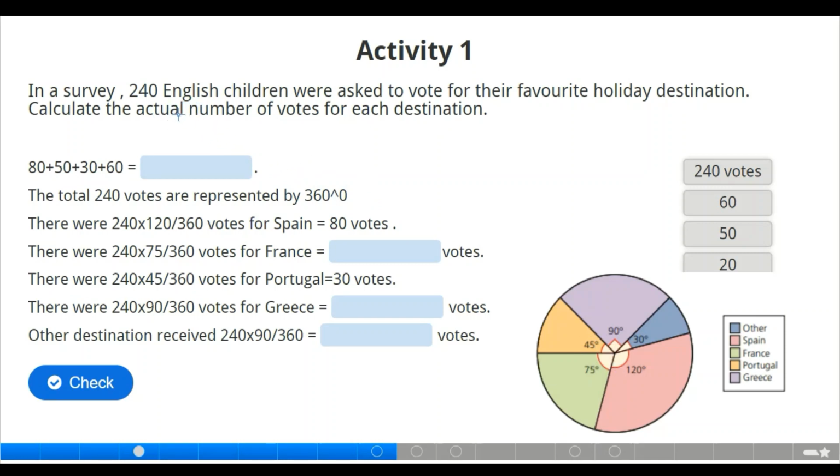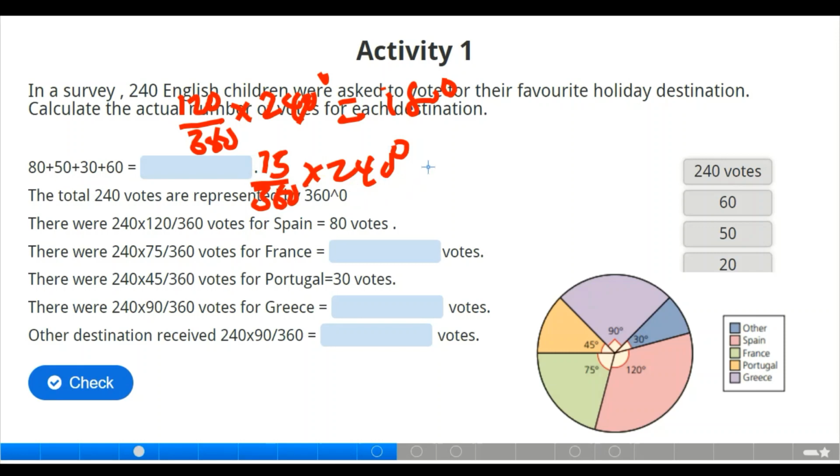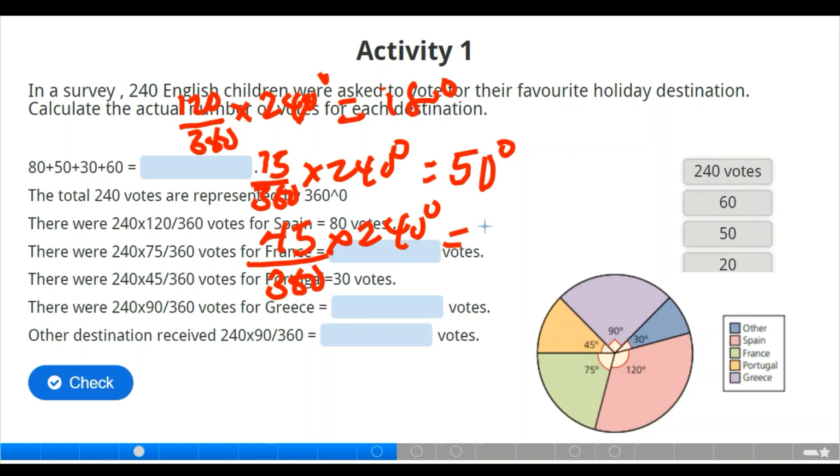The first one, we pick 120 divided by 360, multiplied by 240. If we cancel, we get 180. The next one, 75 divided by 360, multiplied by 240, gives us 50. The next one is 45 divided by 360, multiplied by 240, and that will give us 30.